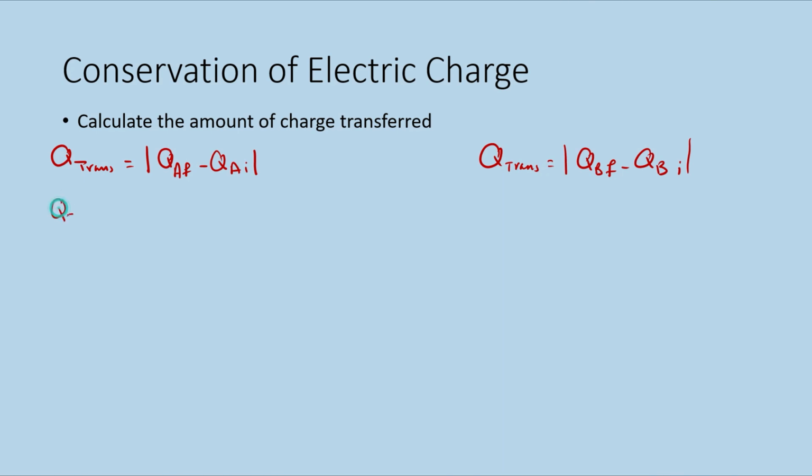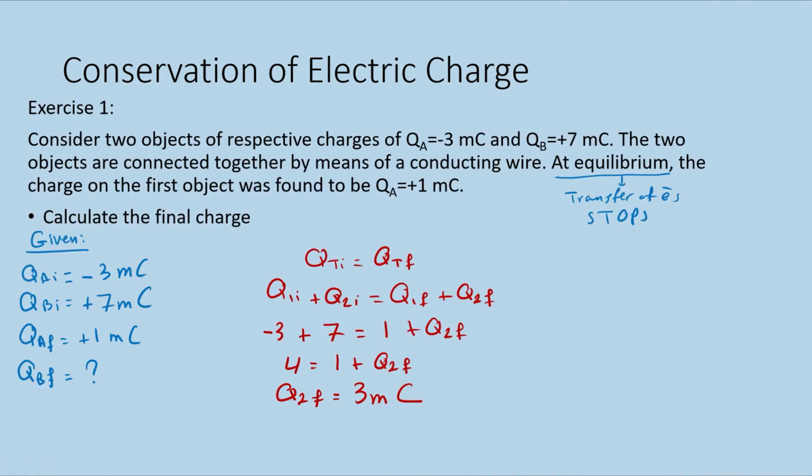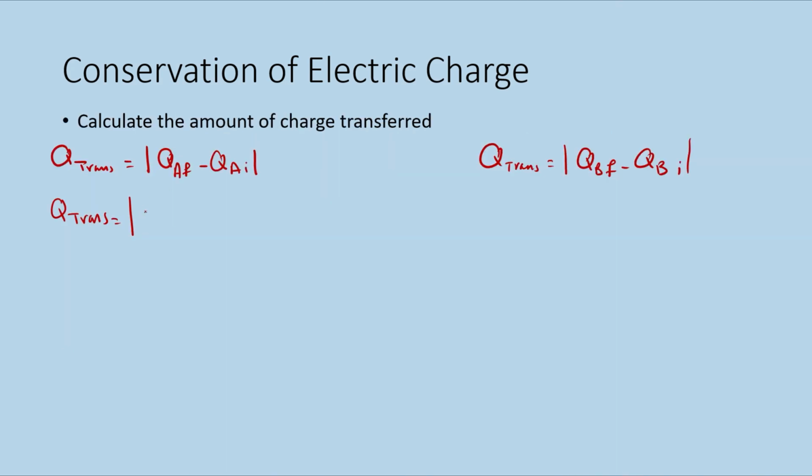So Q transferred is equal to the absolute value. We have to go back to the previous slide. QA final is 1 and QA initial is negative 3. So QA final, which is 1, minus QA initial, which is negative 3. So Q transferred is equal to 4 millicoulombs.